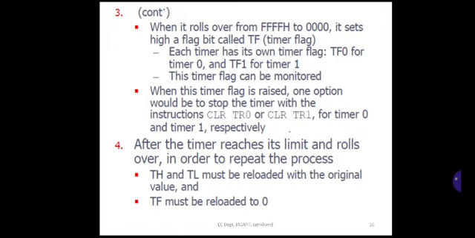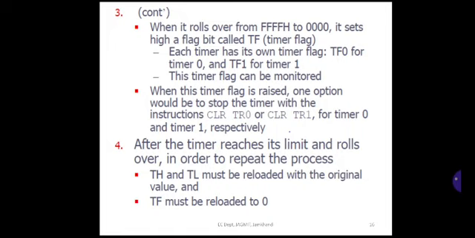After the timer reaches its limit and rolls over, in order to repeat the process, TH and TL must be reloaded. Remember here, after the timer reaches its maximum limit, that is FFFF, and it rolls over, in order to repeat the process, TH and TL must be reloaded with the original value.